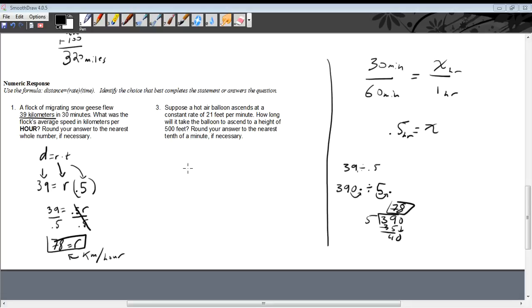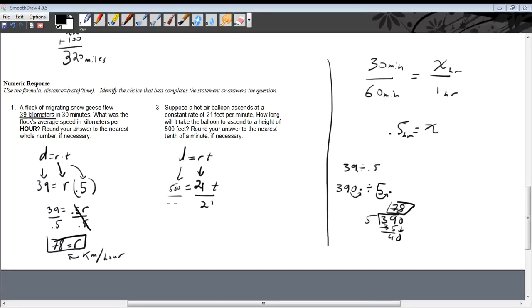Okay, suppose a hot air balloon ascends at a constant rate. I'm going to write the equation. It gives me the rate. Constant rate of 21 feet per minute. How long will it take the balloon to ascend to a height of 500 feet? So we've got 500 feet here, which is the distance. Now we're just solving for time.